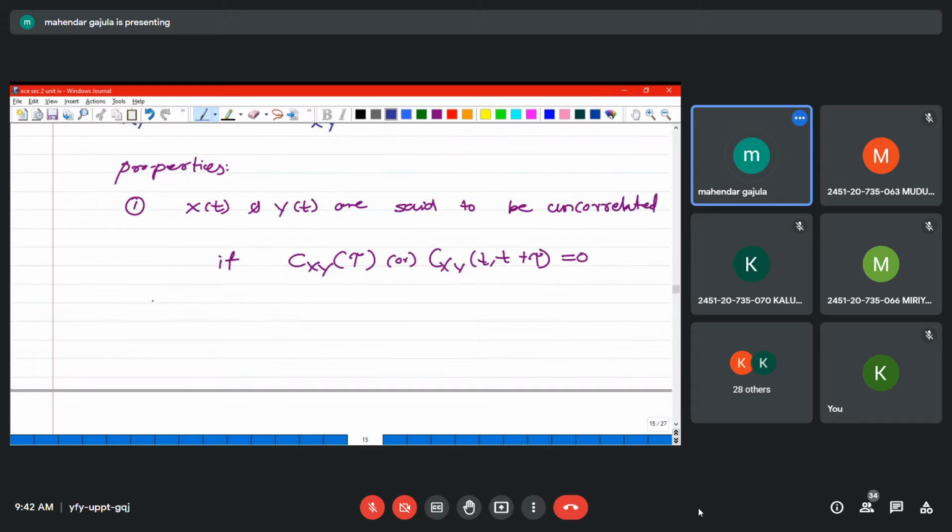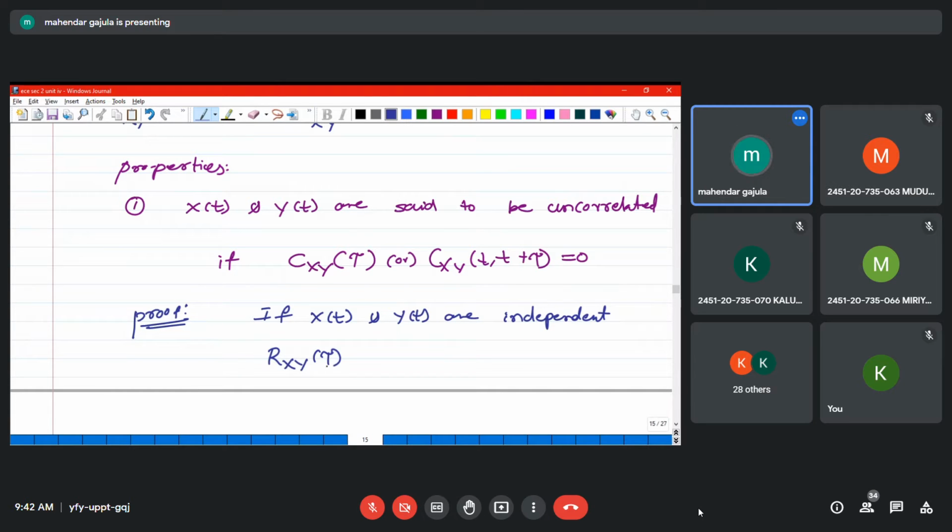So how do we prove this? If xt and yt are independent, what is the cross correlation?